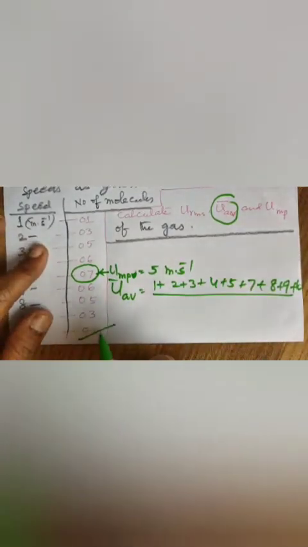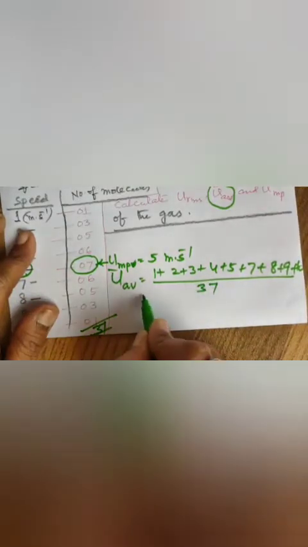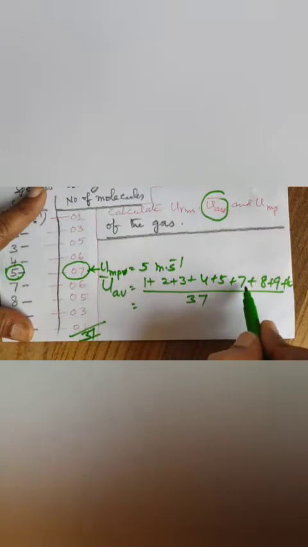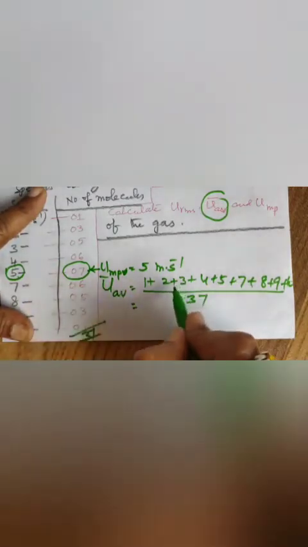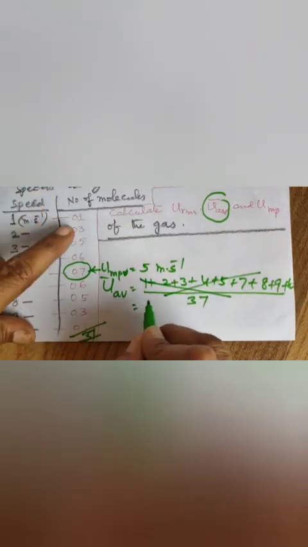Here the total number of molecules is 37. Yes, here the mistake is that only velocities are added, not multiplied by the number of molecules, so this is wrong.